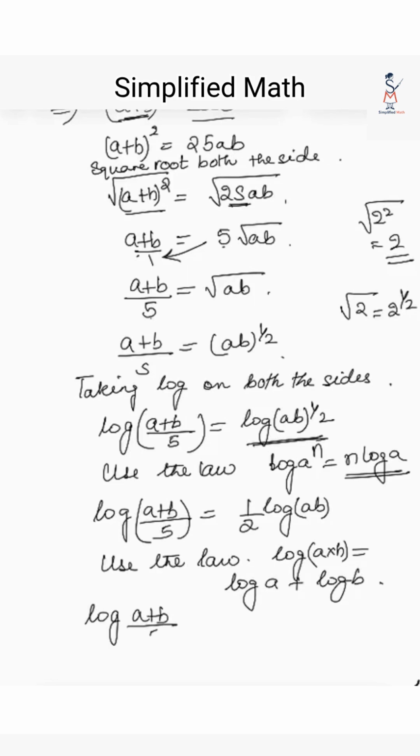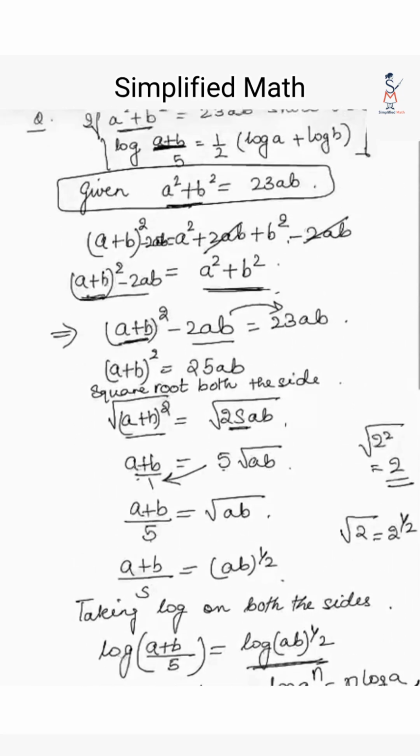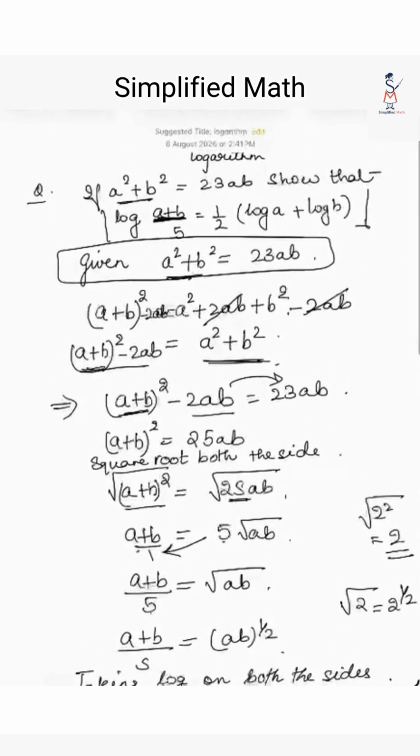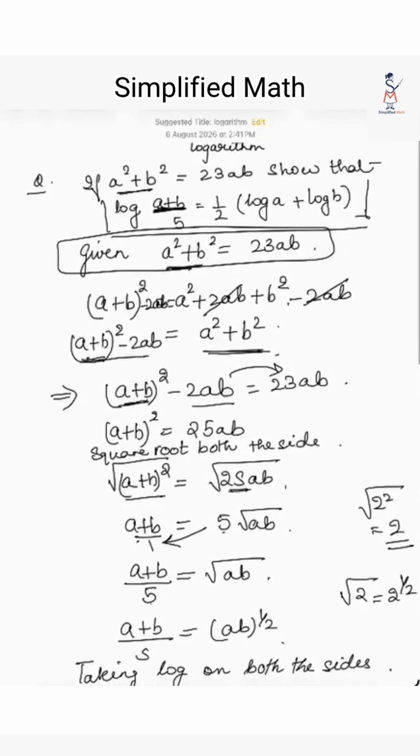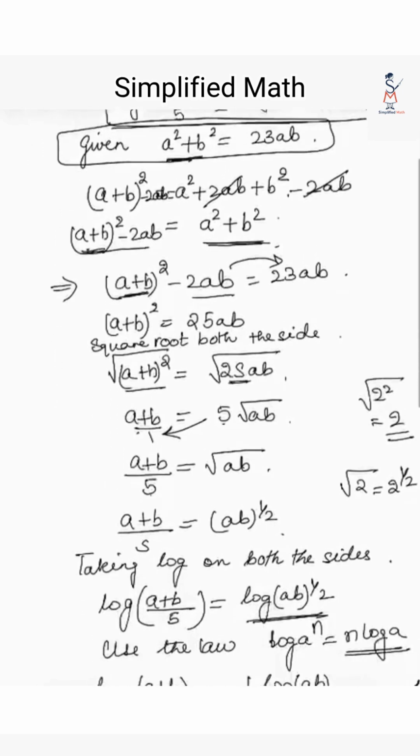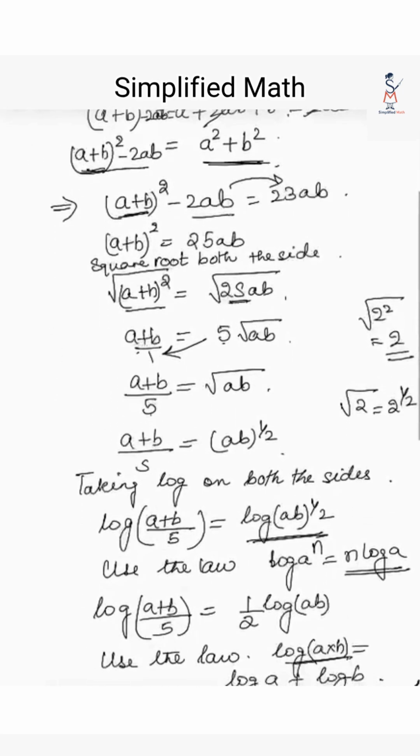Log of a plus b by 5 is equal to half in brackets log a plus log b, because half is multiplied by the whole thing, so half comes out and log a and log b come inside the bracket. This is what we had to prove: log of a plus b by 5 is equal to half log a plus log b.